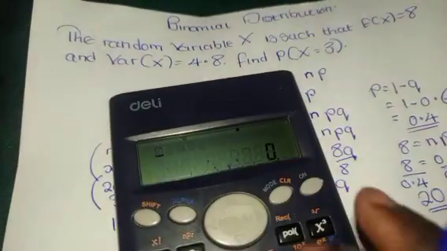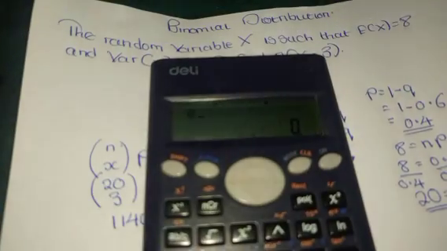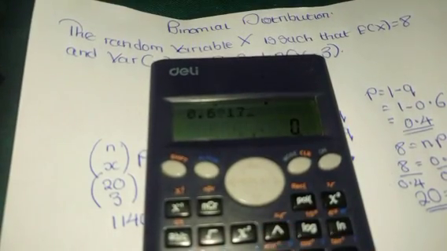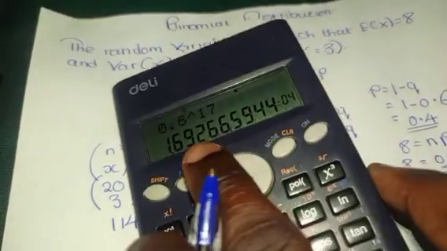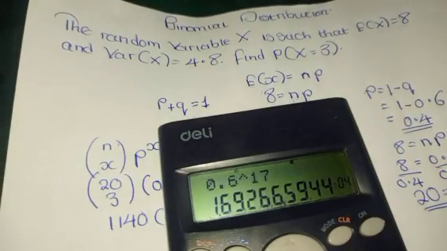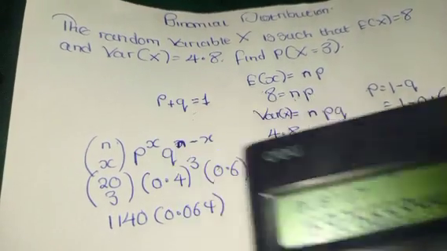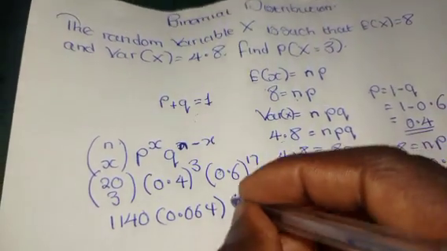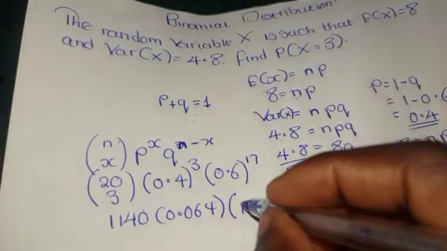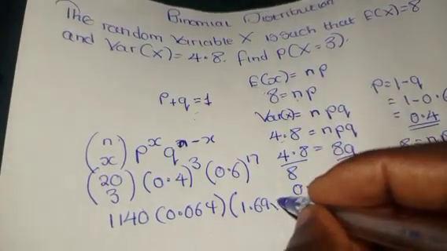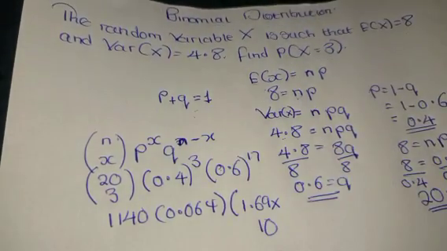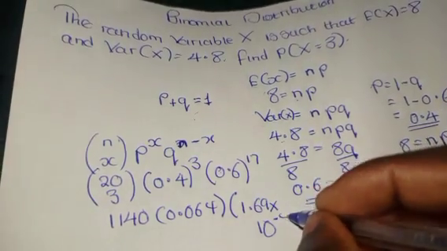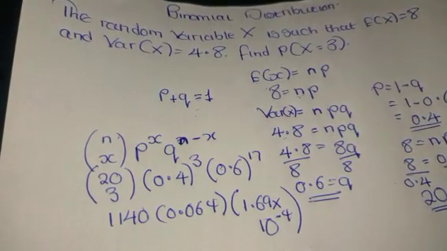And 0.6 to the power 17, you get approximately 1.69 times 10 to the power negative 4. So this is what we are getting.